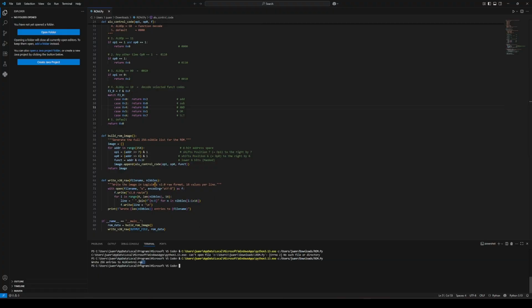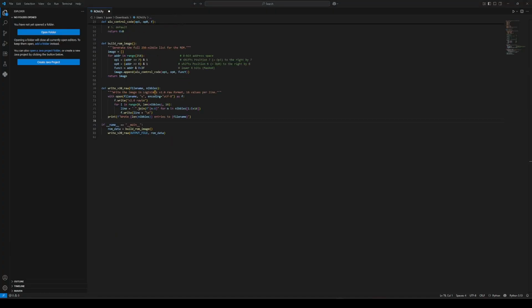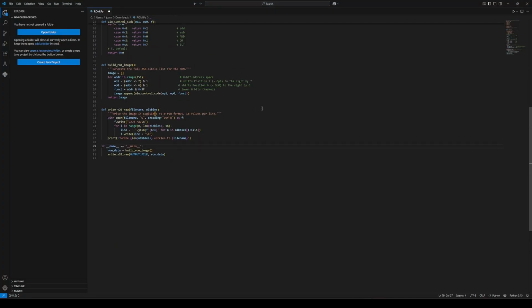And we've got to find where that file is. Well, since I didn't specify where I want it, the file is saved in the working directory of Visual Studio Code. For this computer, it's inside my application data folder. And if I find it here, I can open that file.